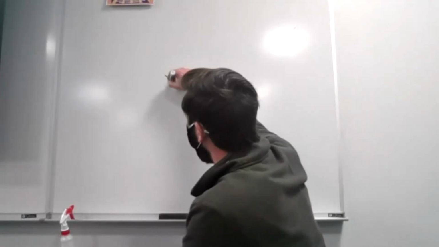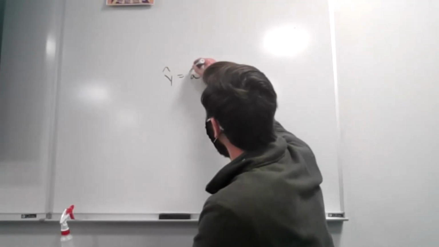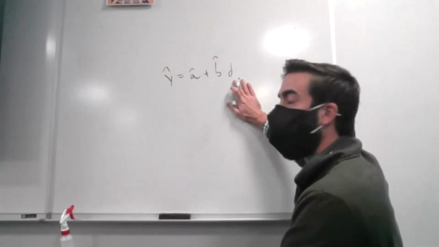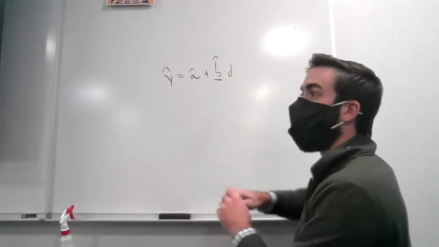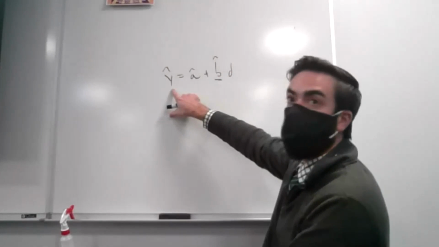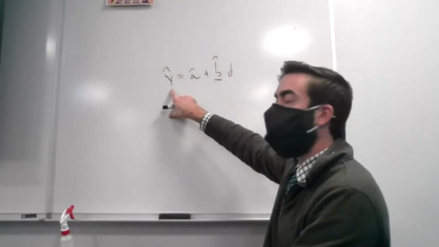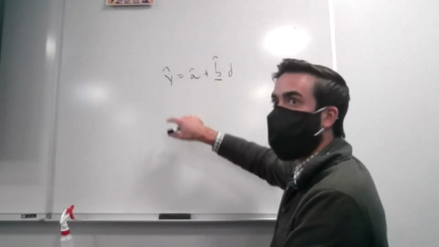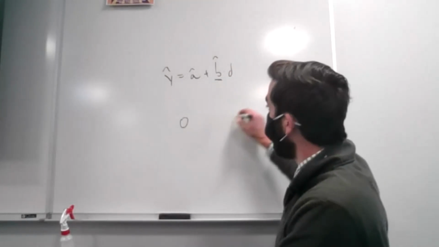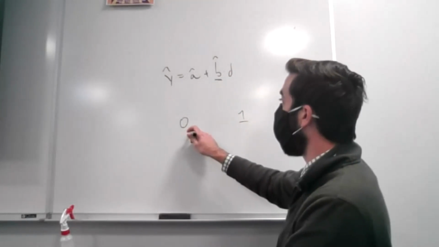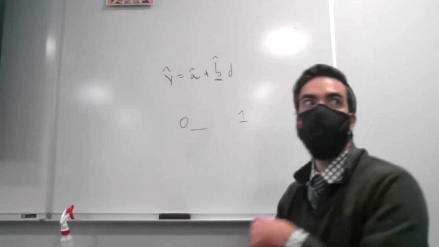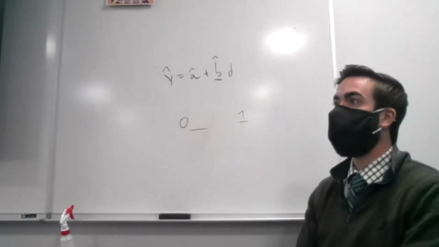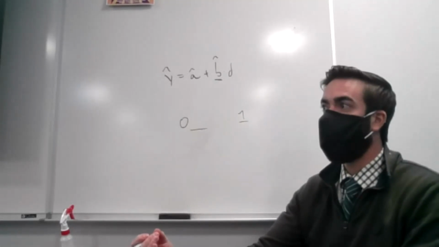So if we're thinking about this predicted Y, and I use whatever dummy variable that's a 1, the way we interpret this coefficient is the change in my Y variable if that dummy variable is equal to 1. But if Y is either 0 or 1, what you're saying is the change in the probability that this is a 1 as opposed to a 0, the probability that I get a ticket.